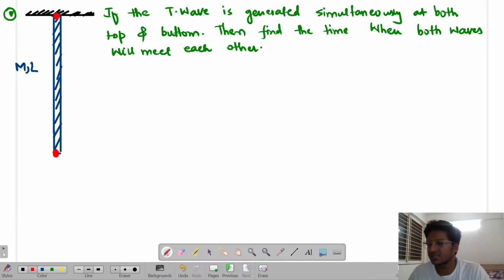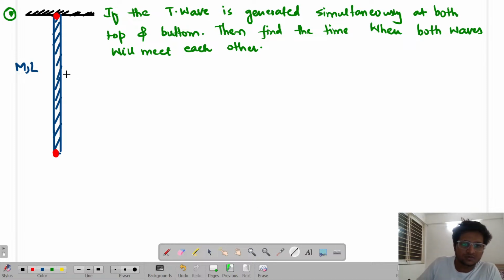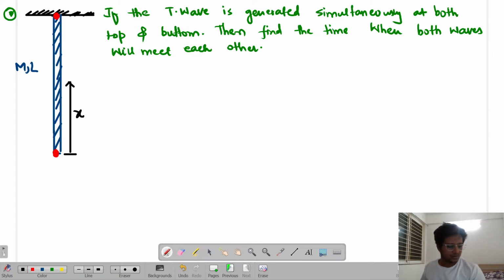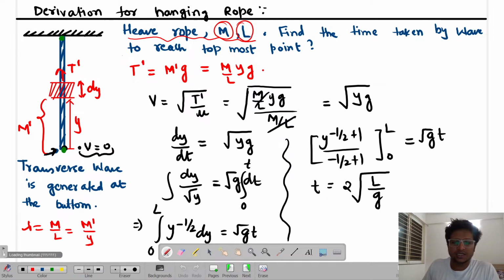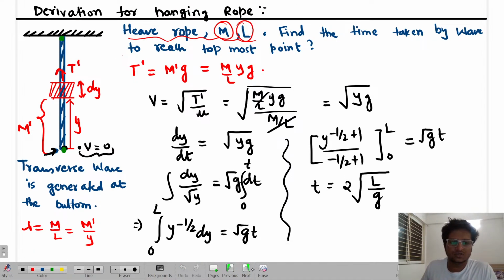So to find the time when they will meet each other, the first task is to find the distance where they are going to meet each other, or not. If I know the distance, then I know the speed, or not. Whatever you do, the velocity of the wave, just like the previous question, which is just like the previous question or not.